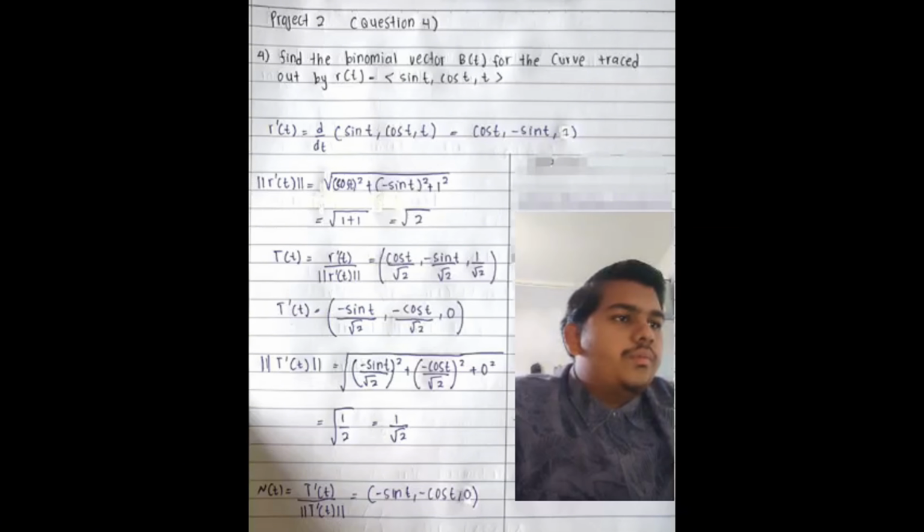Step 3 is to compute the derivative of the tangent vector. Now differentiate T to find T'(t) = (-sin t over square root of 2, -cos t over square root of 2, 0).